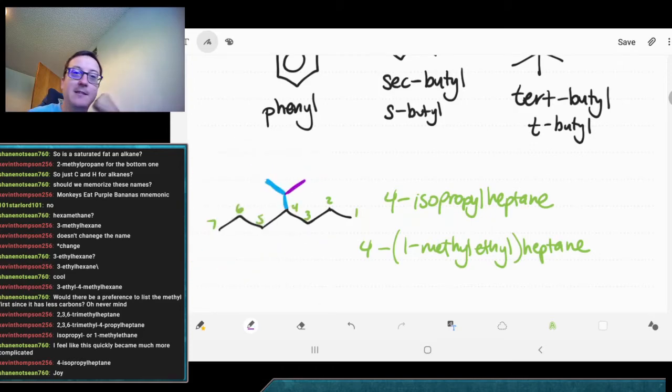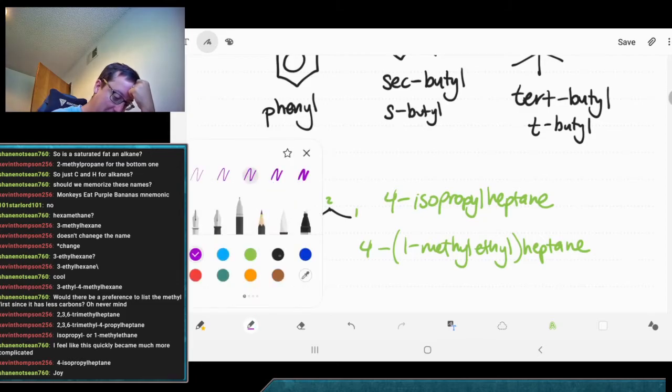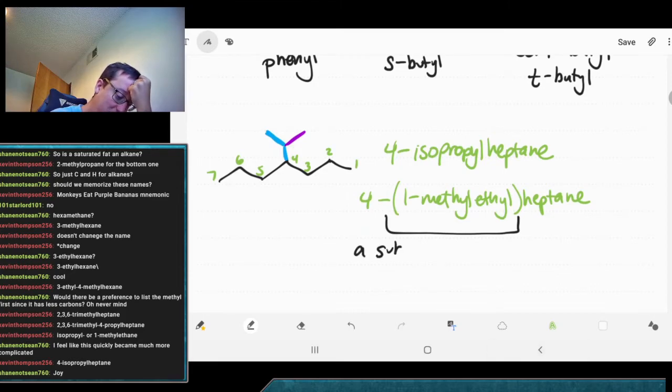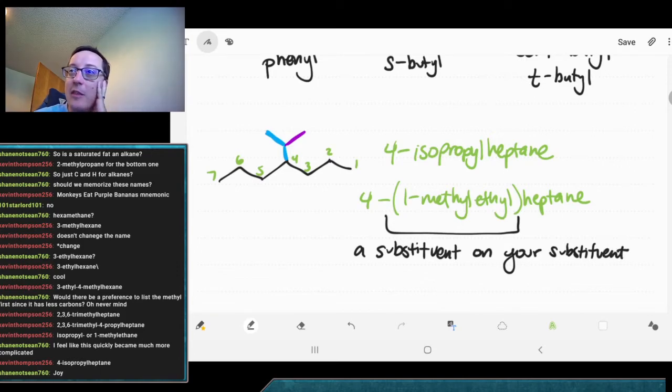We have a substituent on our substituent. It gets so much better, doesn't it? So, if you have a substituent on your substituent, you could name it like that, using parentheses. We're indicating, well, we have an ethyl substituent, 2 carbons, and on the first carbon, closest to our main chain, is a methyl group.